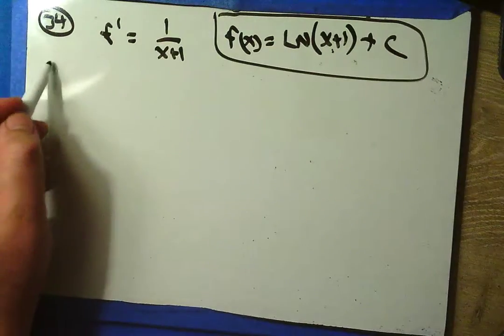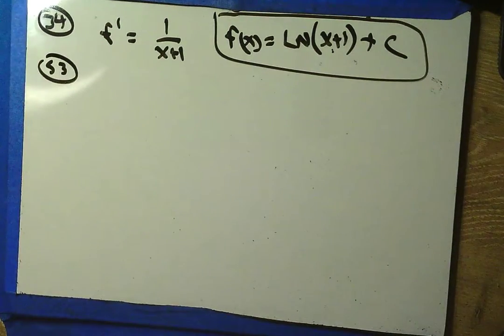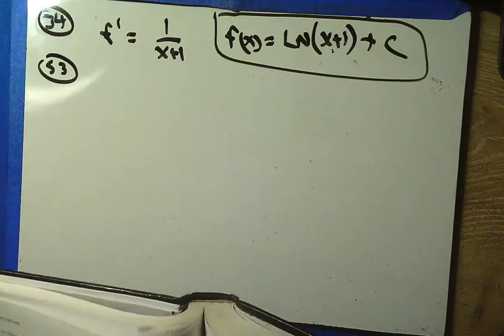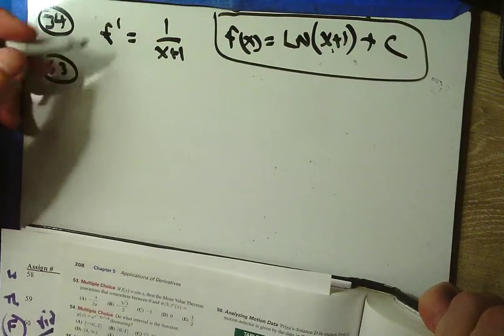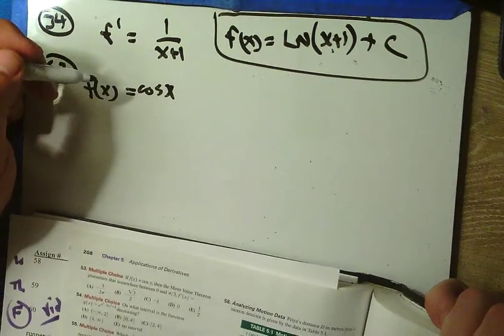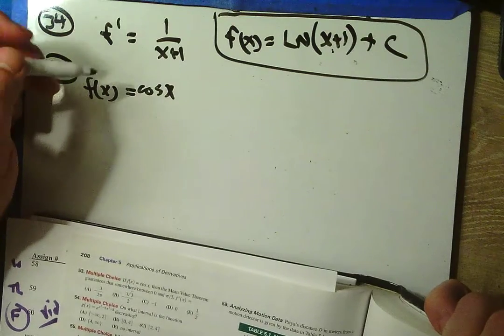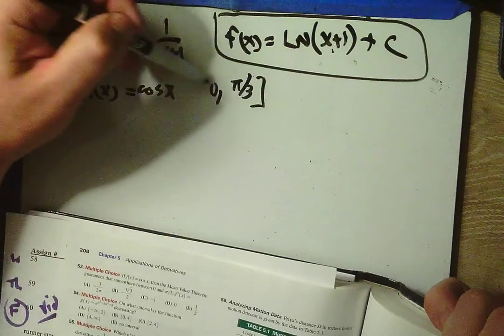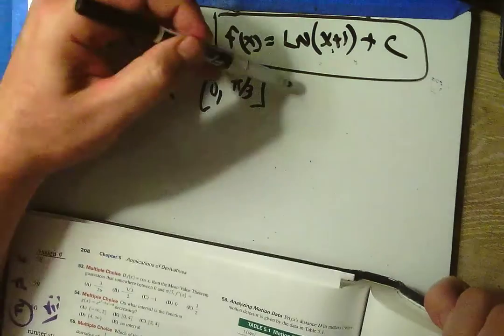All right, our last problem, problem 53, is a multiple choice question. It says, if f of x equals cosine x, then the mean value theorem guarantees that somewhere on 0 to pi over 3, what?